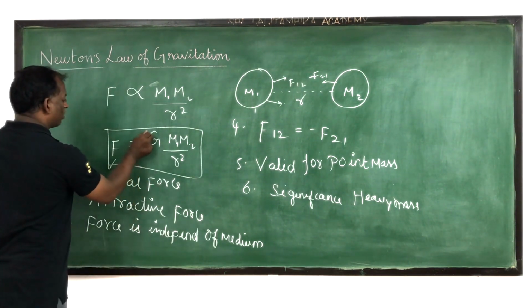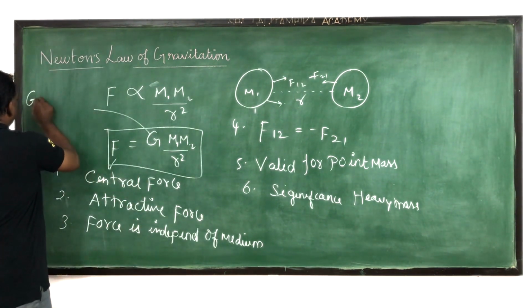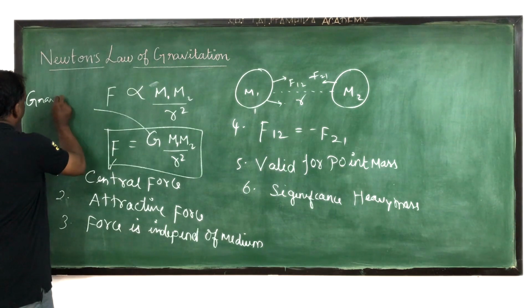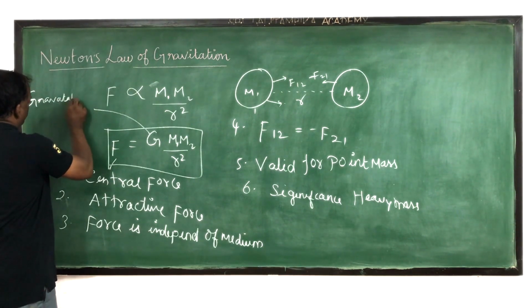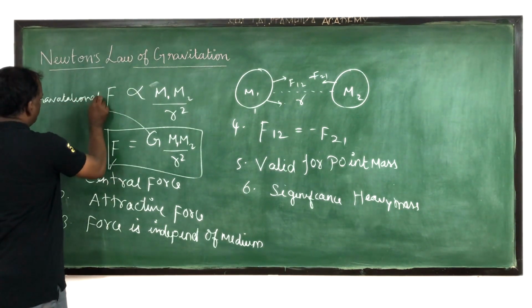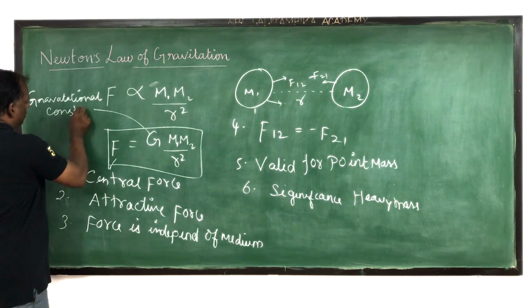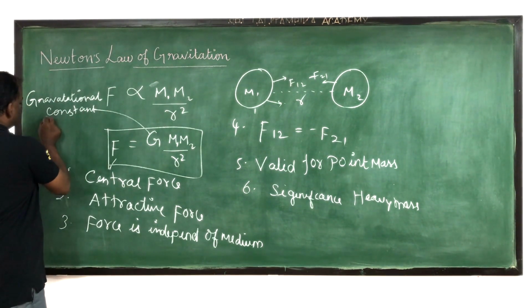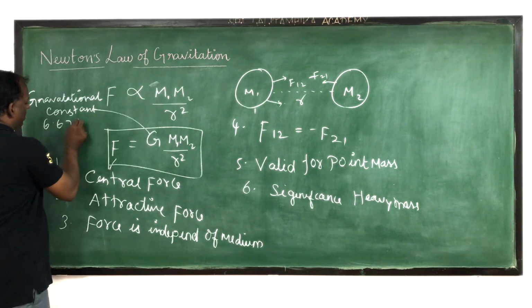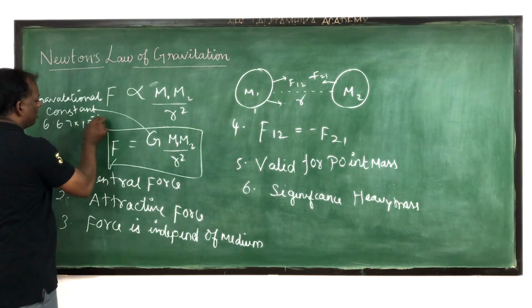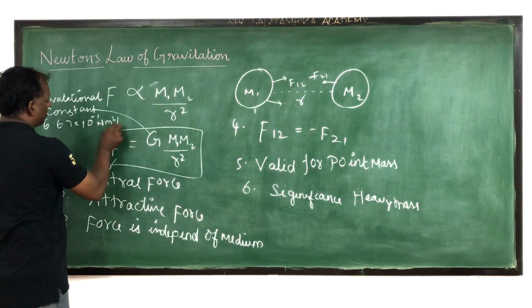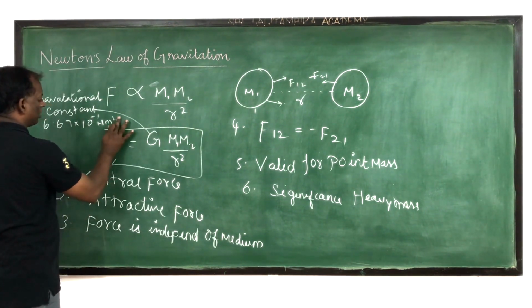G நம்ம என்ன சொல்றோம், G is the gravitational constant. So இதோட வேல்யூ என்னது, 6.67 into 10 power minus 11 Newton meter square per kg square.